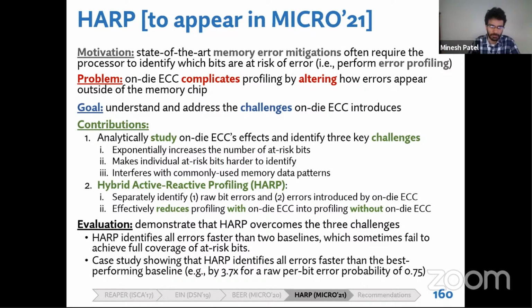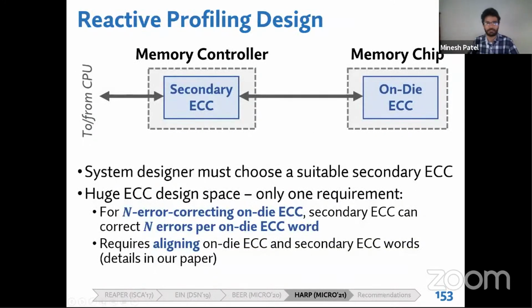Okay, yeah, that's a great question. Thanks. I'm going to open up one of the slides I presented earlier where we talk about the requirements necessary from the secondary ECC. So this slide describes the design of the reactive profiler, right? And while we do show secondary ECC here, it's not necessary that a secondary ECC be used for this process.